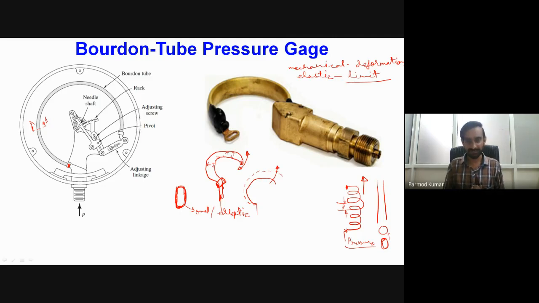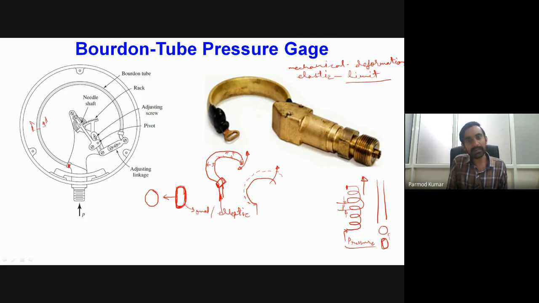Okay, so because of the fluid pressure, there is formation of tensile stresses inside our tube cross section. Then another phenomenon: when the pressure is supplied, the cross section of the tube will try to change its shape from the oval or elliptic cross section towards the circular cross section.